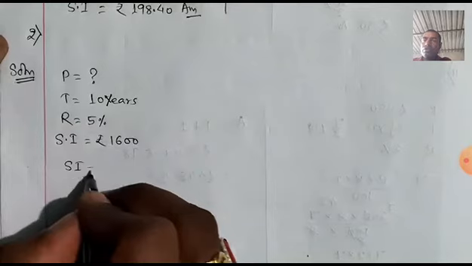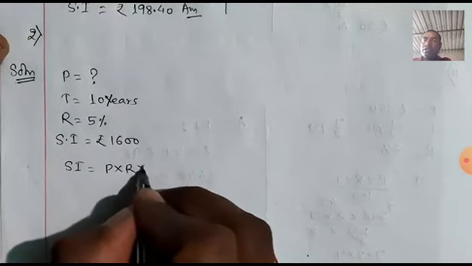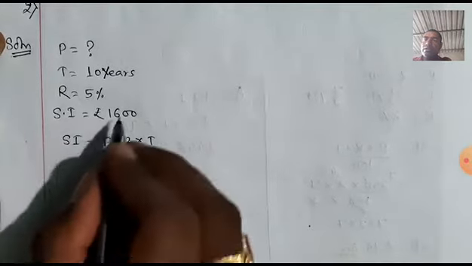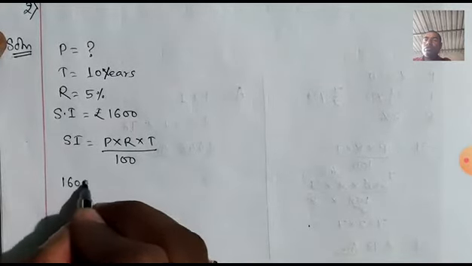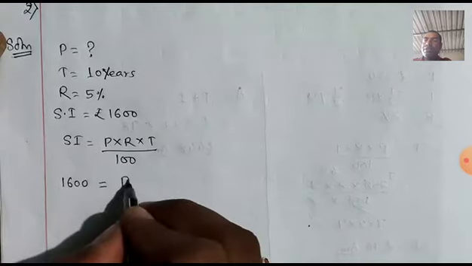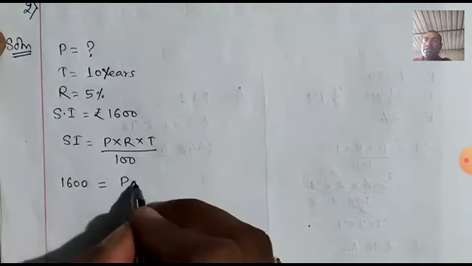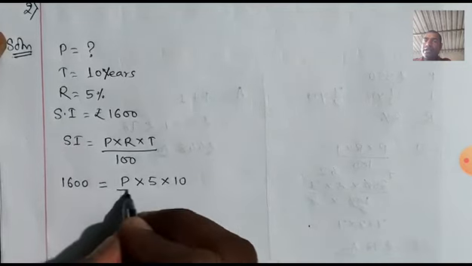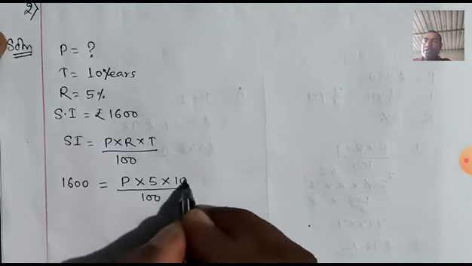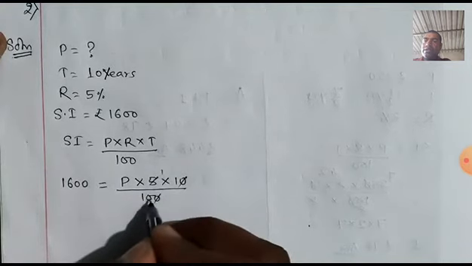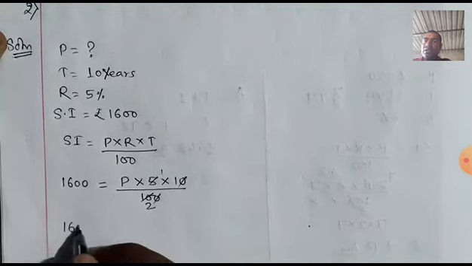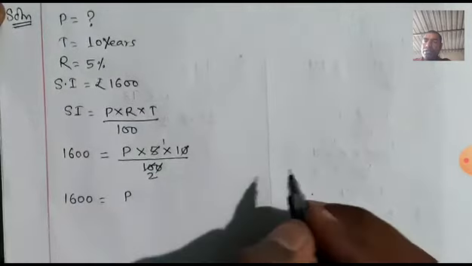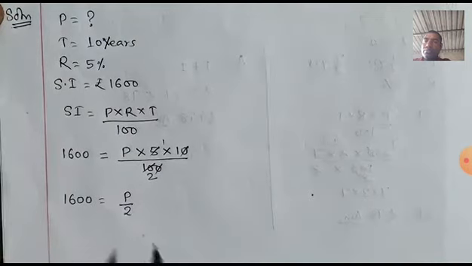We can use the same formula, which is SI is equal to P into R into T upon 100. Now SI we know, 1600. P we don't know, so I have put P as it is. R is 5% and T is 10 years, upon 100. The 0 gets cancelled, 5 1s are 5, 5 2s are 10. Then 1600 equal to P upon 2.